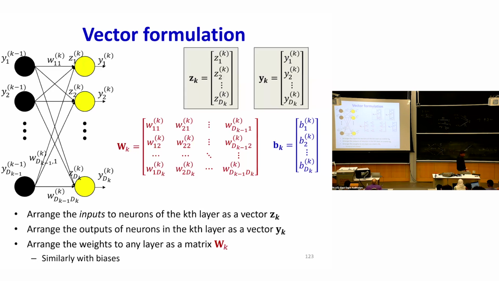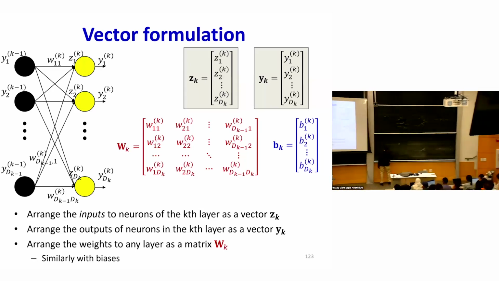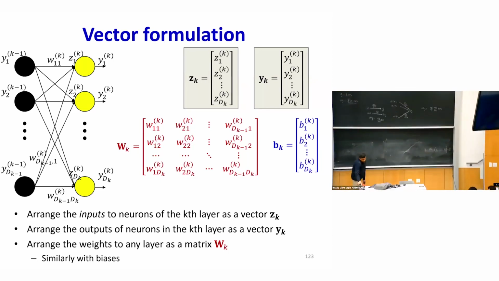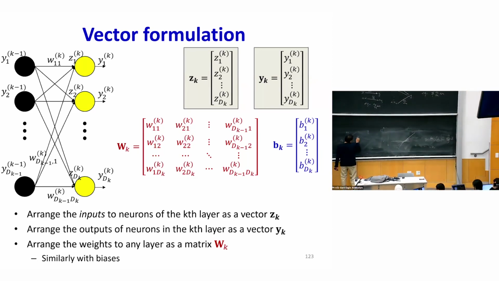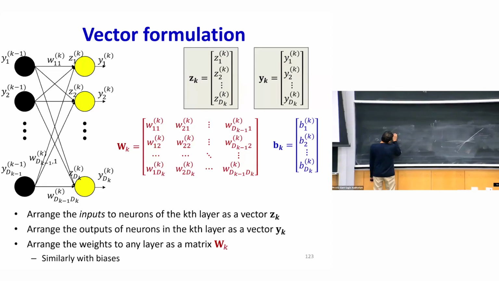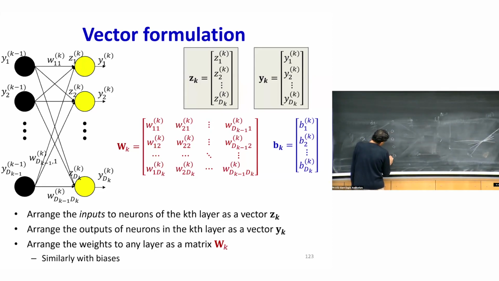So let's look at one layer of the network. I have a picture on the slides, but let me draw this anyway. If I've got one layer of the network, I have, say, y1 through yn in the previous layer, and maybe z1 through zm in the next layer. Then for any particular neuron, the zi value is computed as a weighted sum of the outputs of the previous layer.